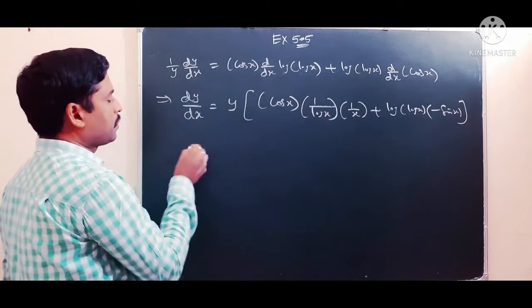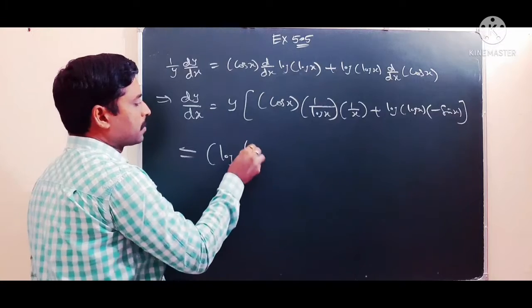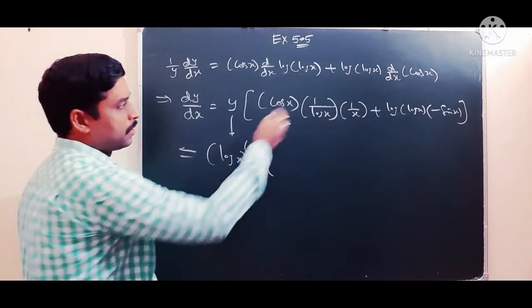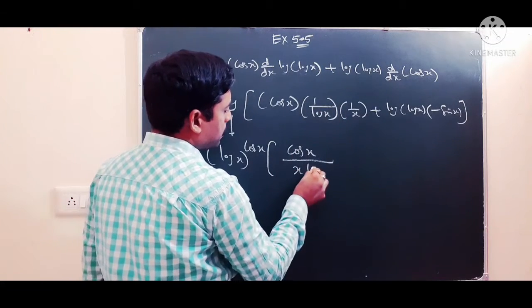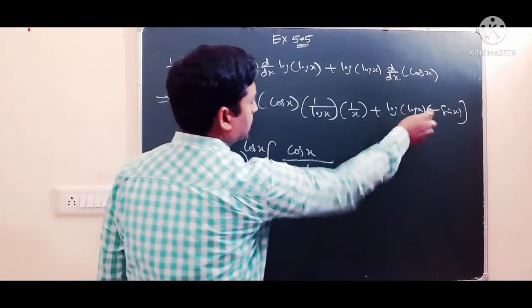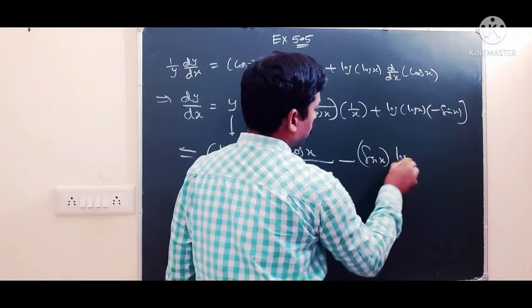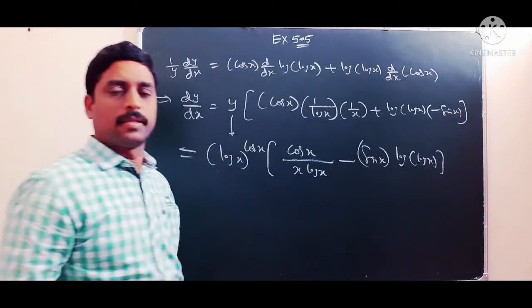Okay, in the place of y, we should write (log x) power cos x, from the statement this value. The rest we write as it is: cos x by x log x, plus into minus, minus sin x into log of log x. This is the final answer.